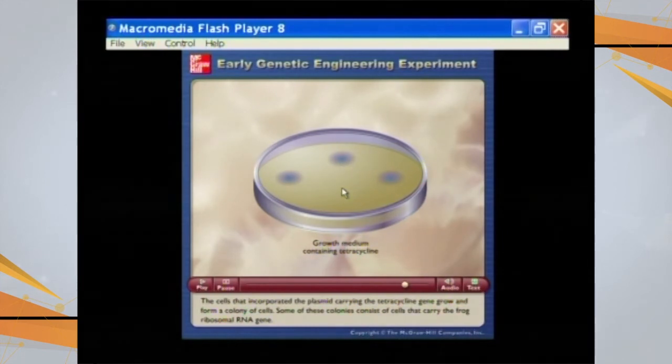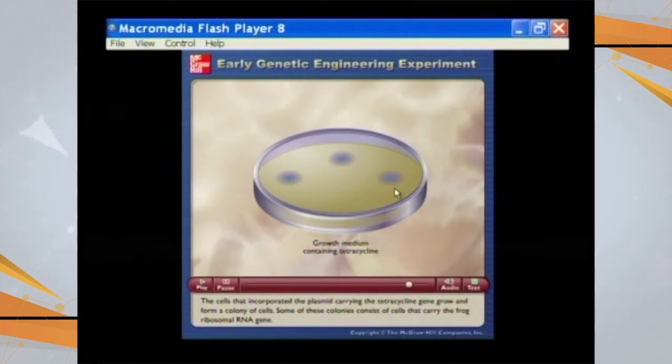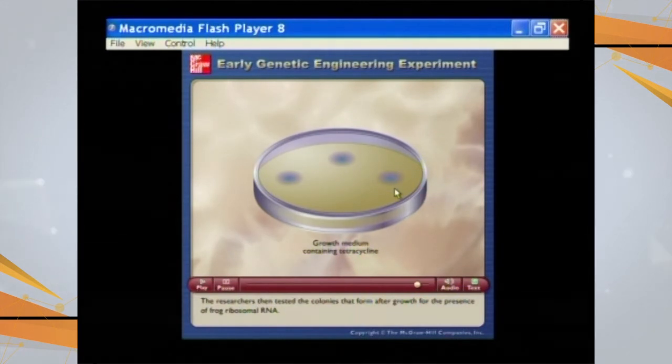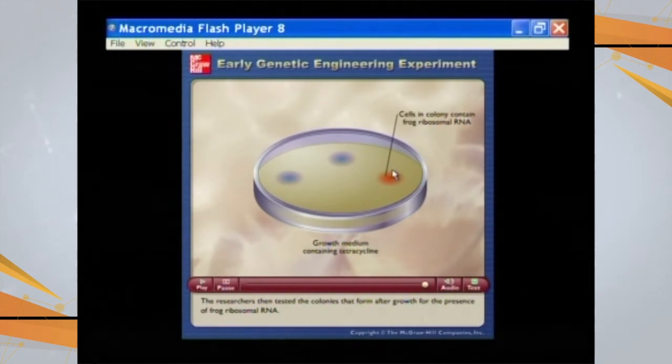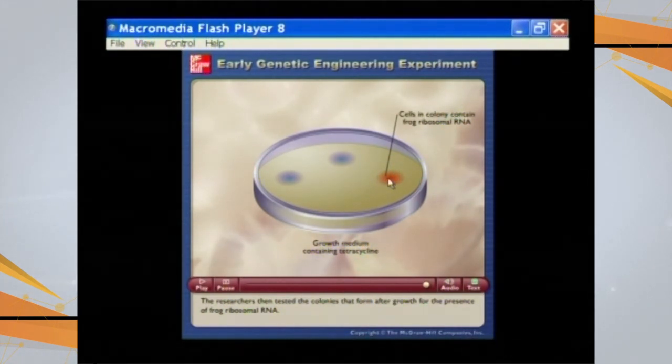Only those bacteria which are resistant to tetracycline are going to grow, and these bacteria will have the frog ribosomal RNA gene. The others are not going to grow. So we have isolated and identified these genes. Then we grow these genes in a special media, and then we can isolate the product.